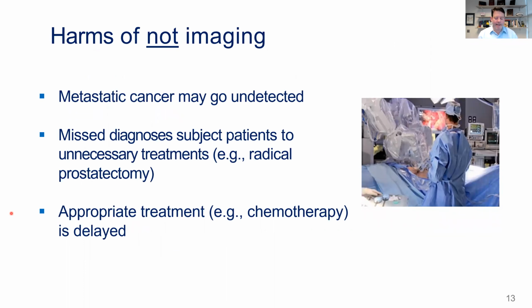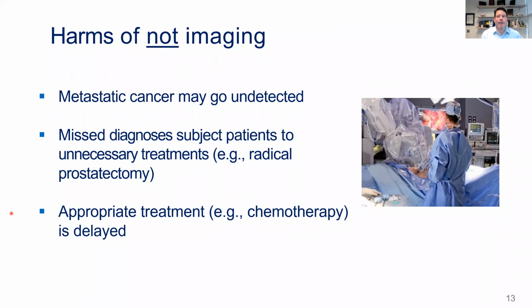The reason this is a tricky problem is that there are harms for not imaging and harms for imaging. For not imaging, the harm is that you might miss a metastatic cancer, and a patient might go for surgery like a radical prostatectomy, like the image here.